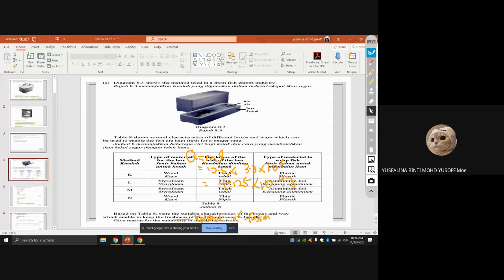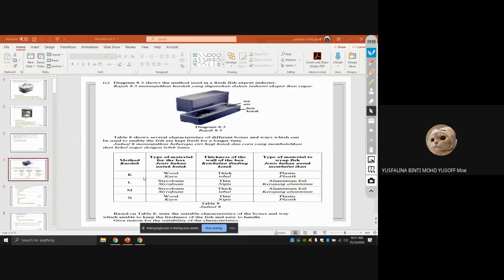Diagram 8.3 shows the method used in the fresh fish export industry. Table 8 shows several characteristics of different boxes and ways which can be used to keep the fish fresh for a longer time.